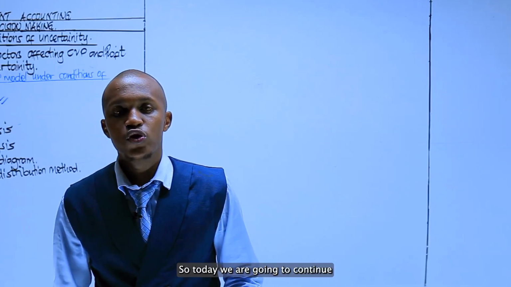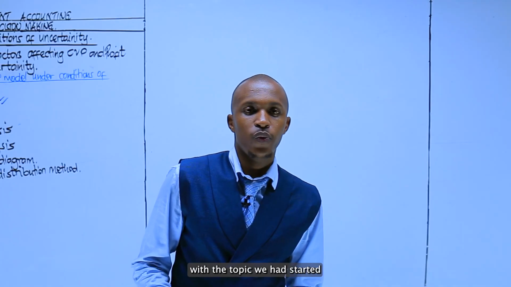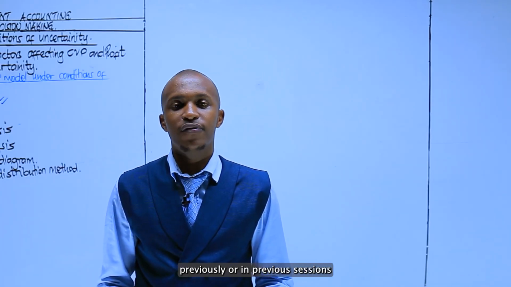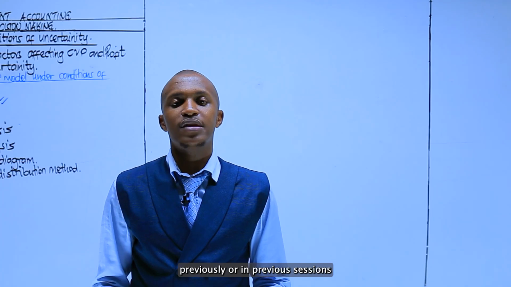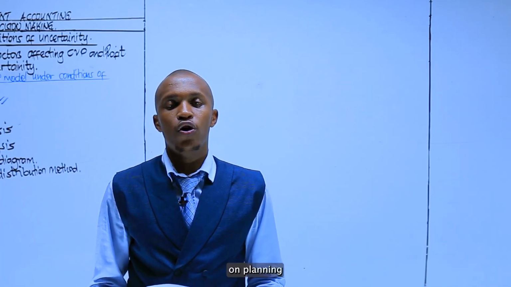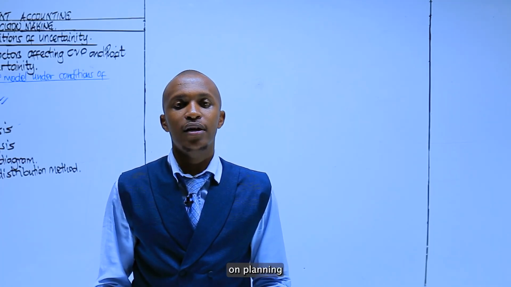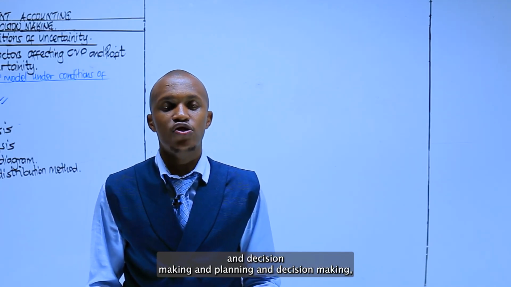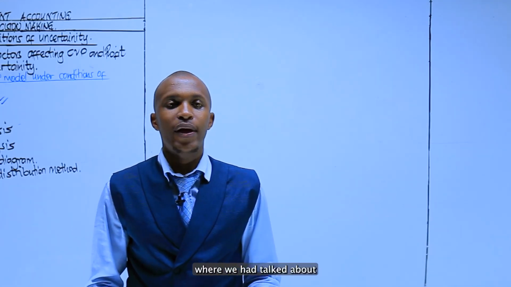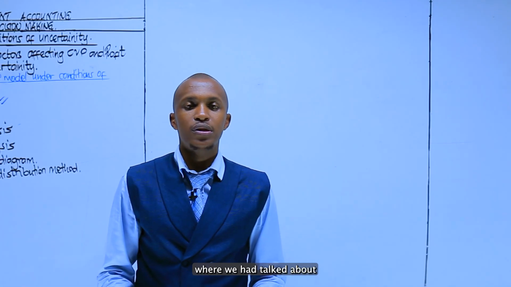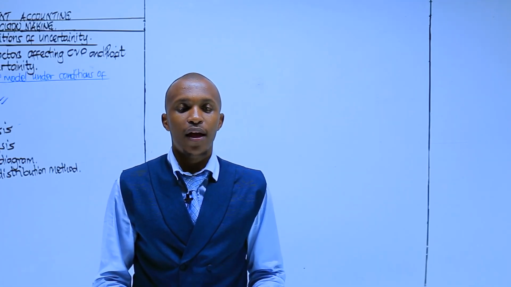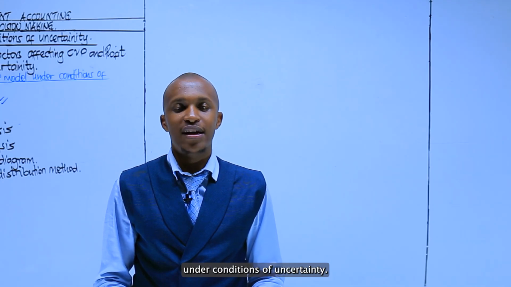So today we are going to continue with the topic we had started in previous sessions on planning and decision making, where we had talked about cost volume profit analysis under conditions of uncertainty.